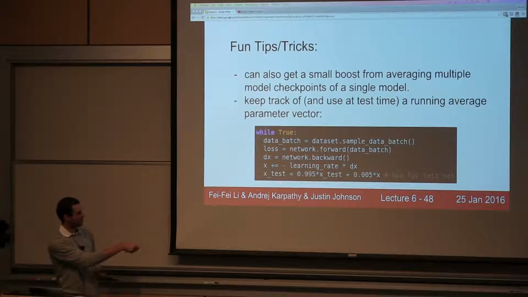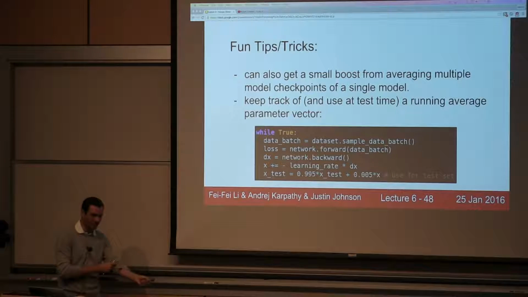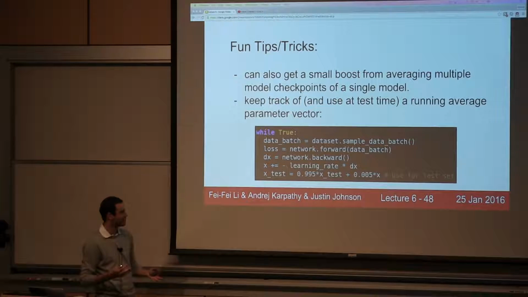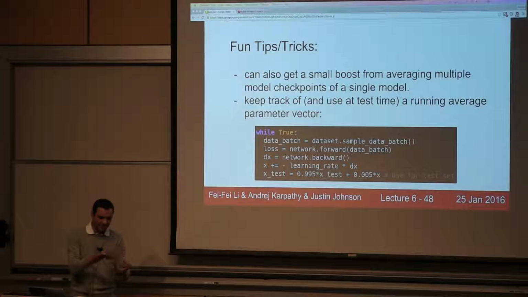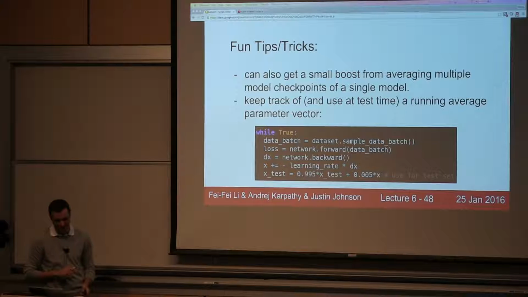It's difficult to interpret, but one way I can hand wave about why this is a good thing to do is to think about optimizing your bowl function. If you're stepping too much around your minimum, then taking the average of all those steps gets you closer to the minimum. That's the hand waving I can do for why this ends up working slightly better.